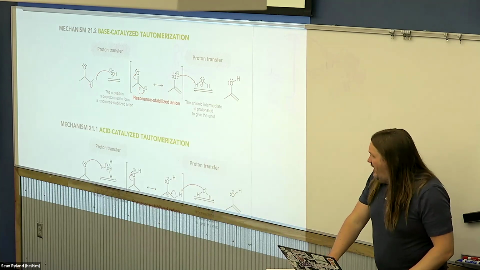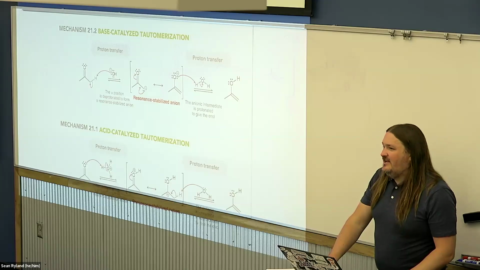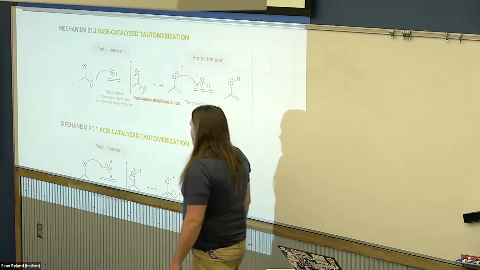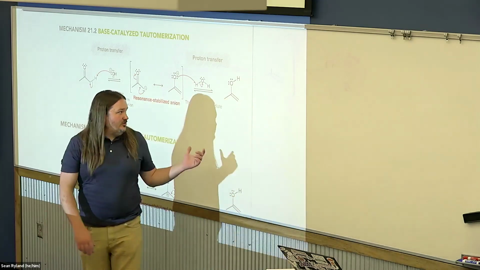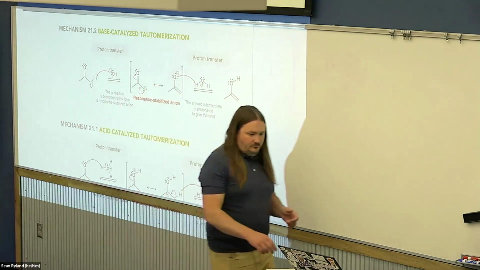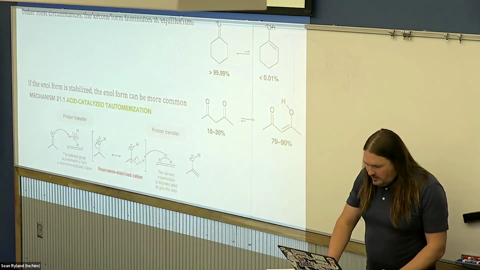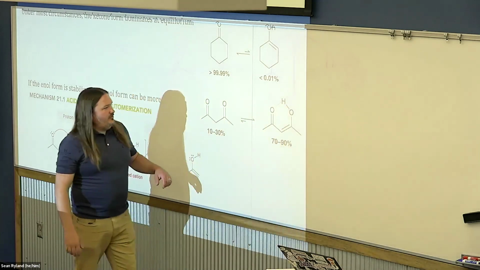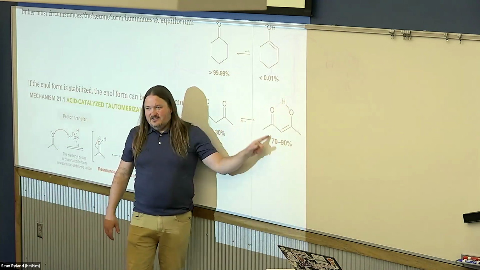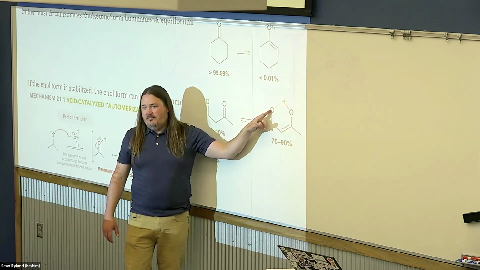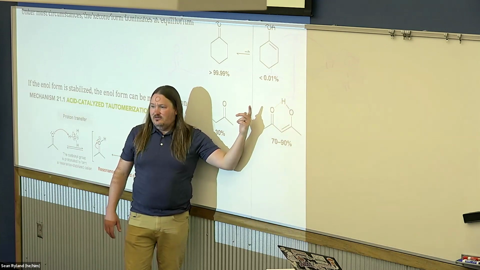Occasionally, you can have cases where these steps happen within the same molecule. If you happen to have a proton source that's close to the other reactive group, in this case it's actually pretty easy to do proton transfer within the same molecule.